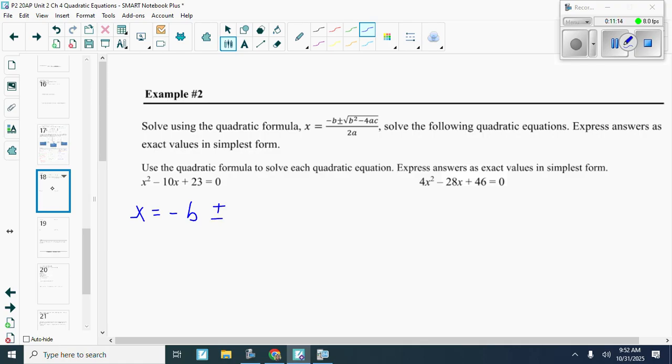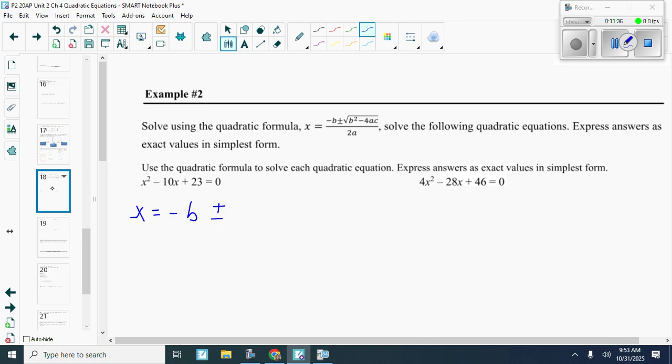Guys, the formula has a plus or minus built into it because when we took the square root, remember there's always two solutions to a square root. If I asked you for the square root of 16, I would expect you to tell me plus or minus 4. So when we take the square root in the quadratic formula, there's two solutions.